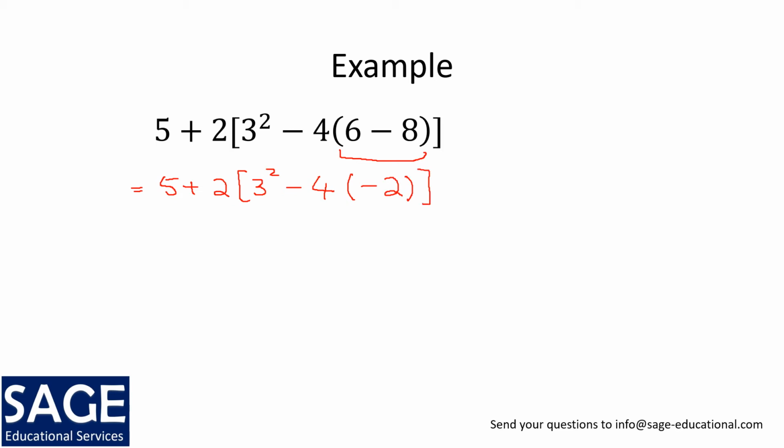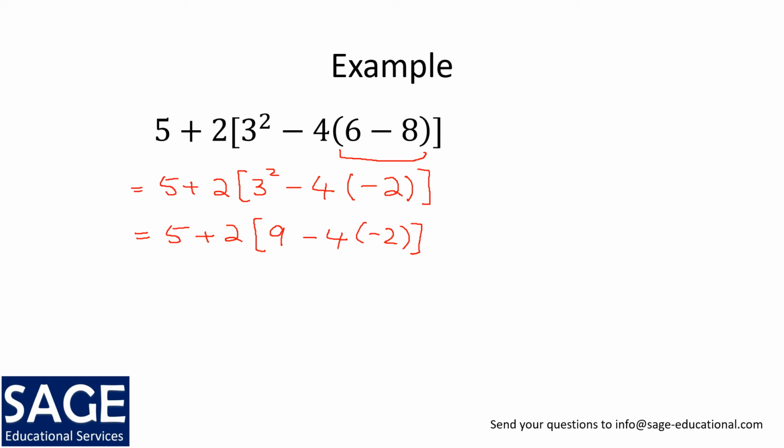So now I've taken care of the first parentheses. Now I still have the bigger bracket there. And within that bigger bracket, I see there's an exponent. So in the next step, I will simplify that exponent. So 5 plus 2, and then I have 9 minus 4 minus 2, and then I close the parentheses.